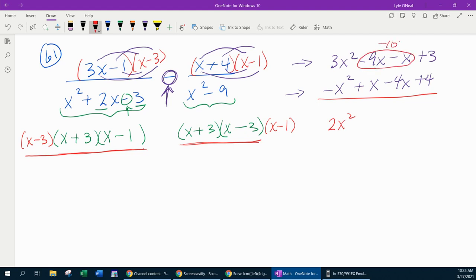That's a negative 10x. I've got an x minus 4x. That's a minus 3x. Together that gives me minus 13x. And last but not least, 4 and 3 is 7. All over the common denominator of x plus 3, x minus 3, x minus 1.